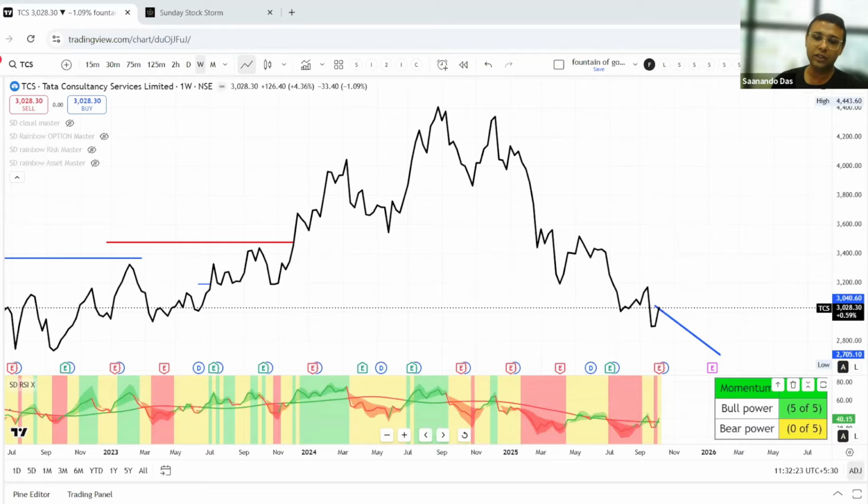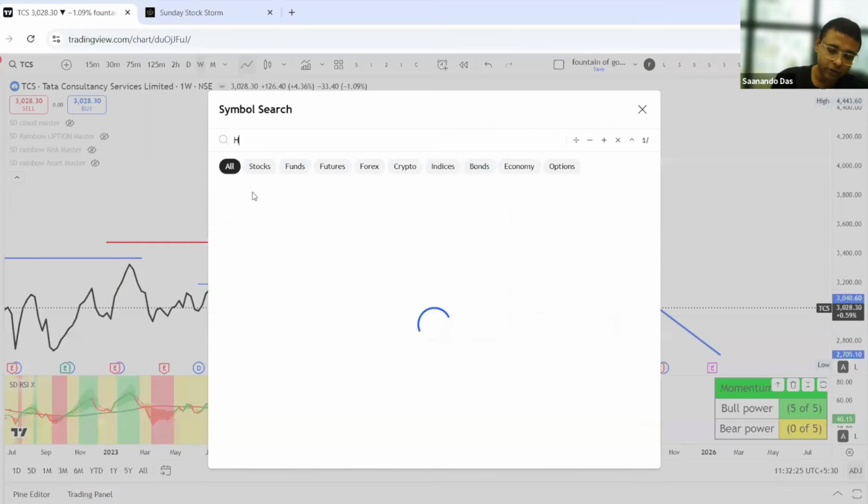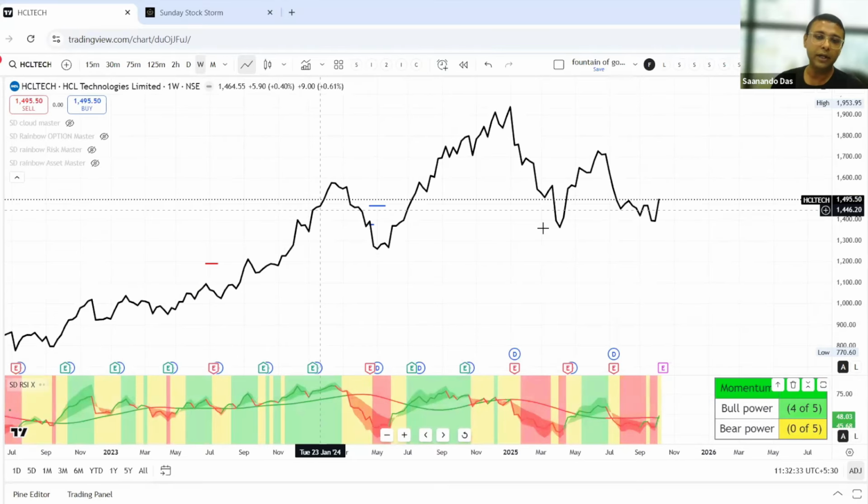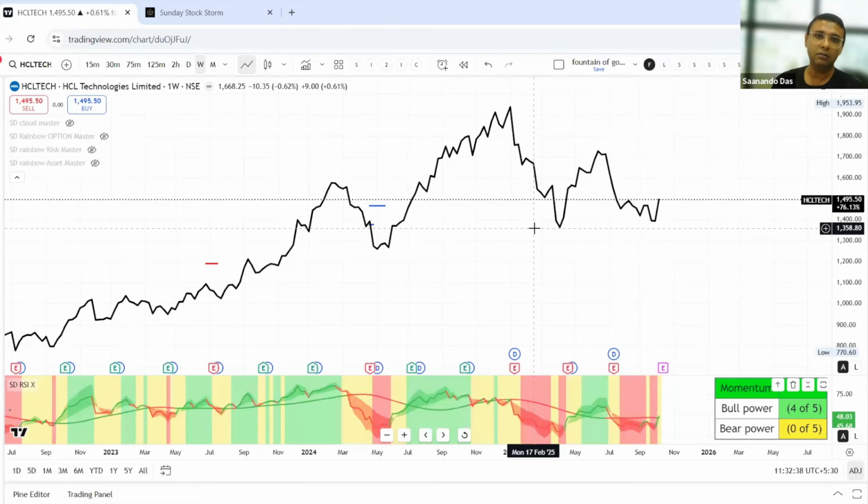GVT and HCL Tech. So let's take HCL Tech, an IT stock. Indian IT stocks are generally in a pretty bad shape because of this Trump phenomenon.